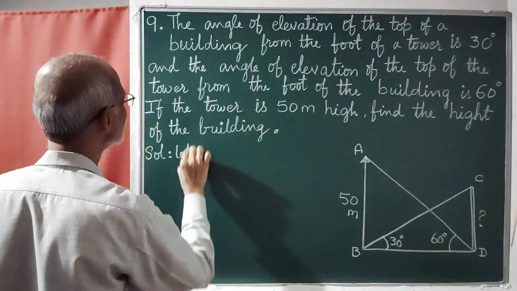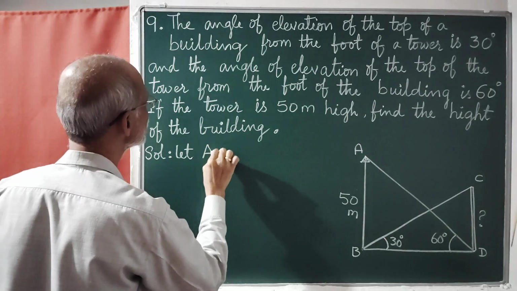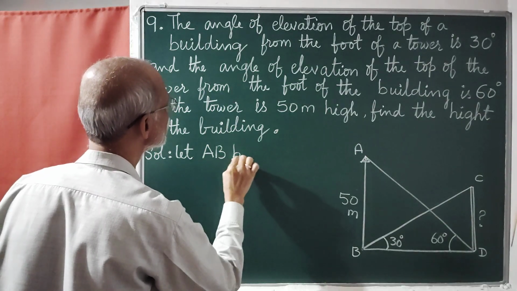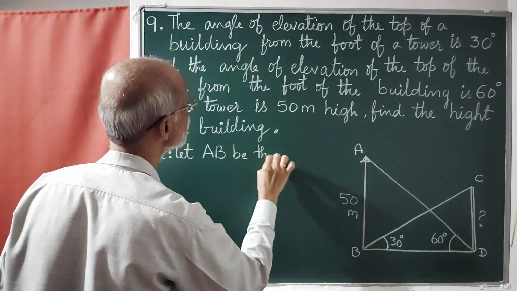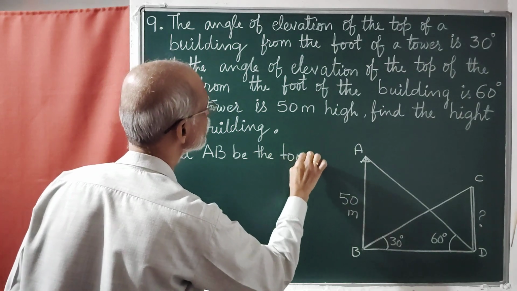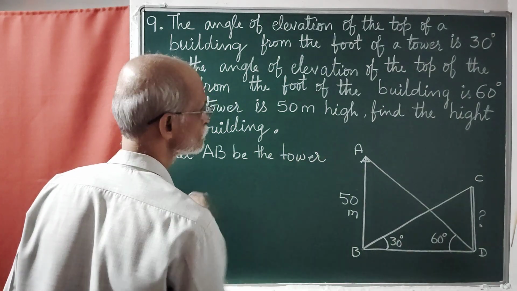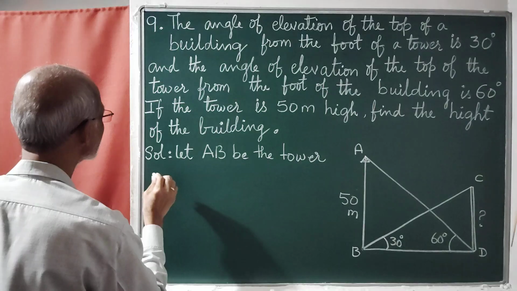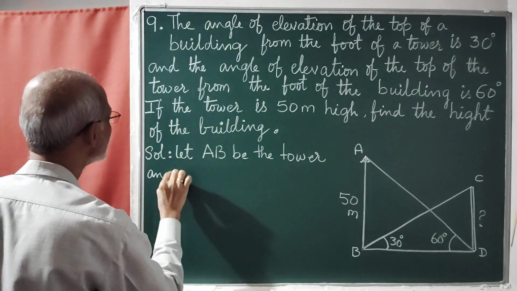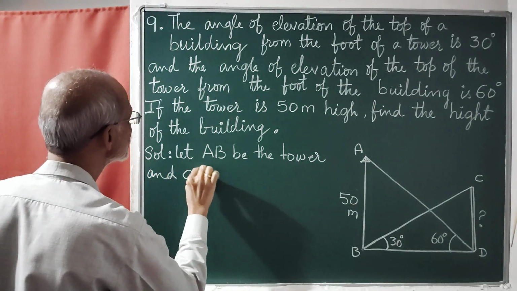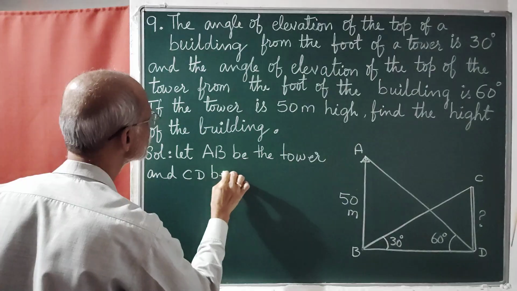Let AB be the tower and CD be the building.